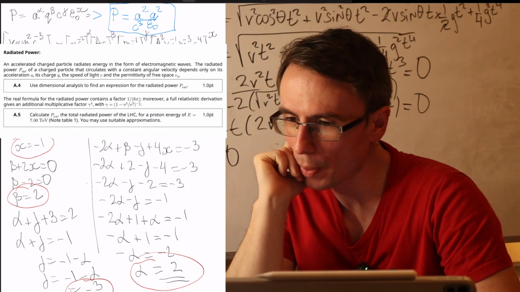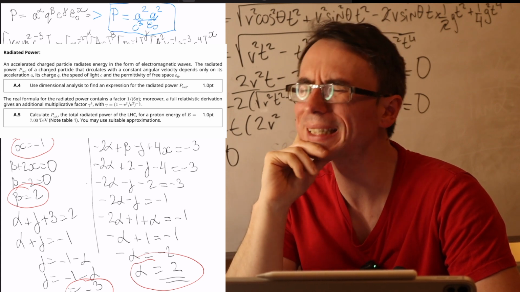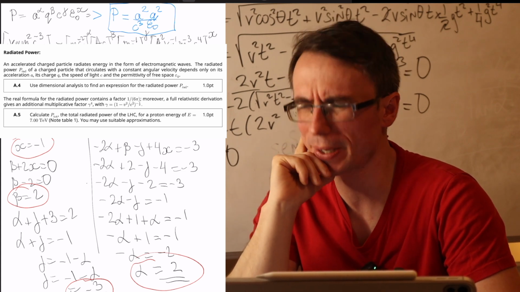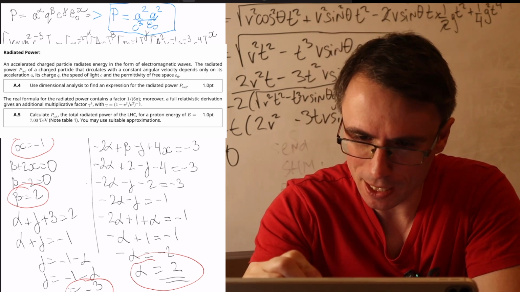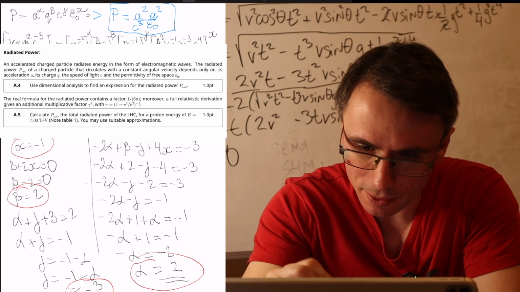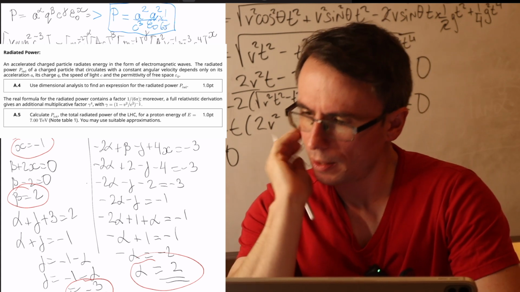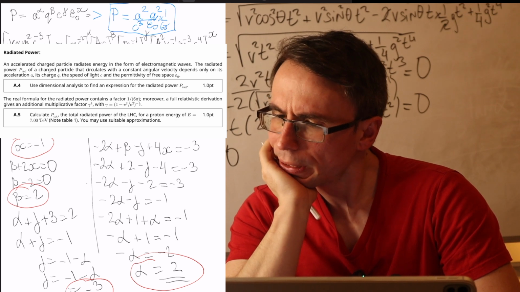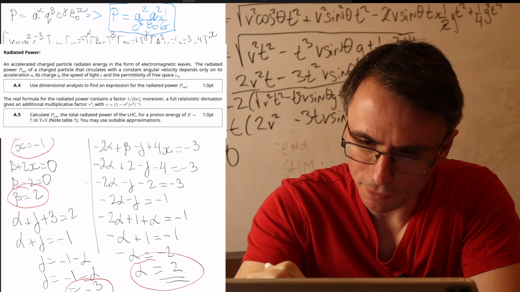So for the next part, we are told the real formula for the radiated power contains a factor of 1/6 pi. Okay, so they're giving us a constant for this, I think. So let's add in a factor of 1/6 pi. And then a full relativistic derivation gives an additional factor of gamma to the power of 4.